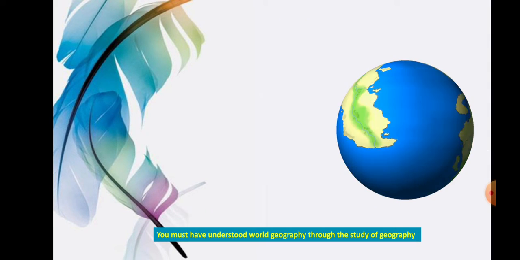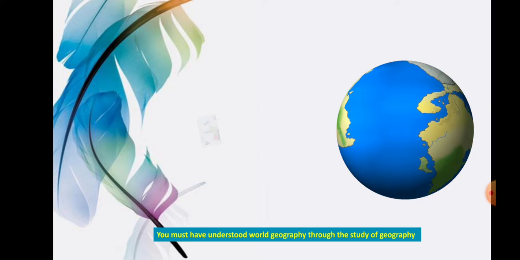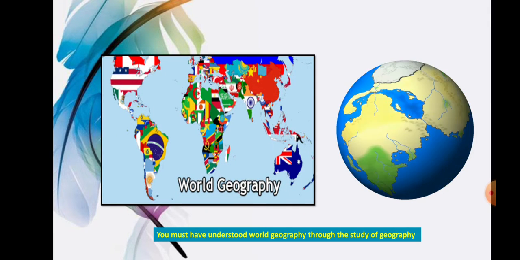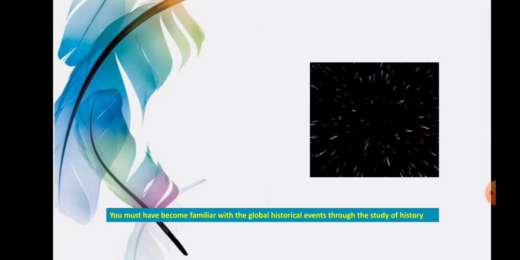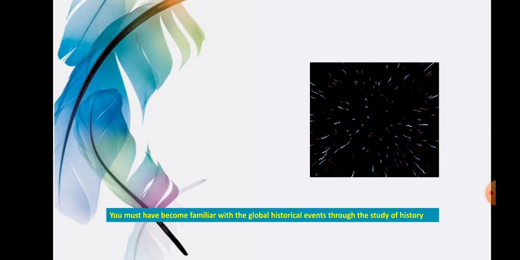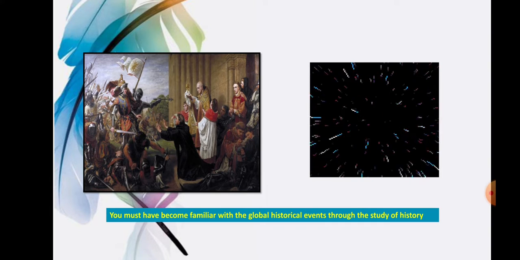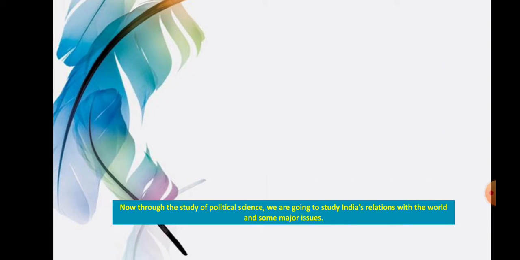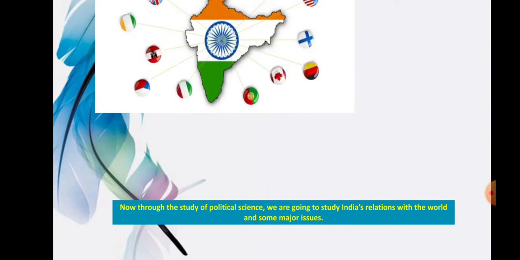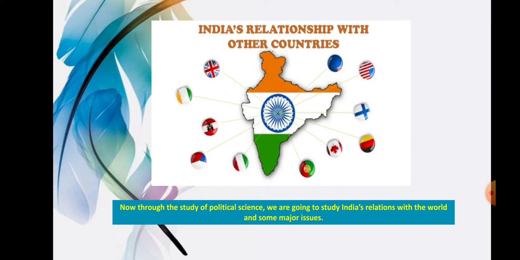You must have understood world geography through the study of geography. You must have become familiar with the global historical events through the study of history. Now, through the study of political science, we are going to study India's relation with the world and some major issues.